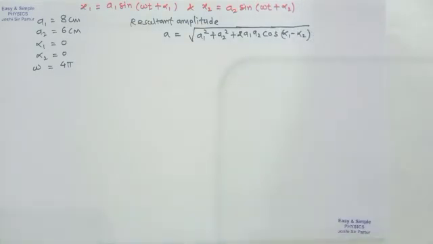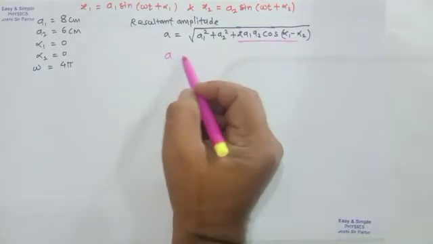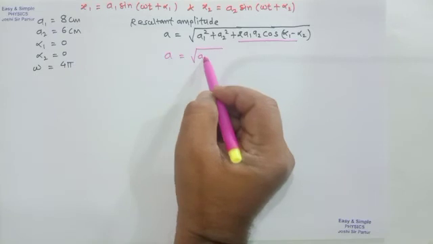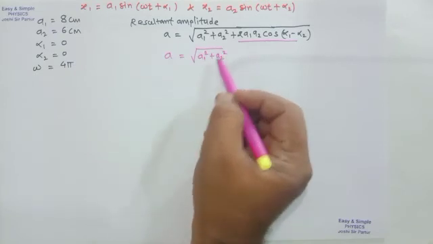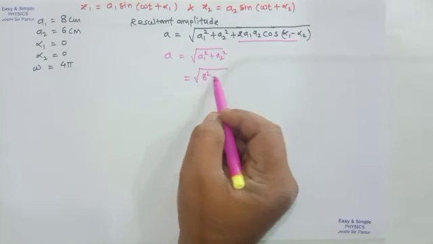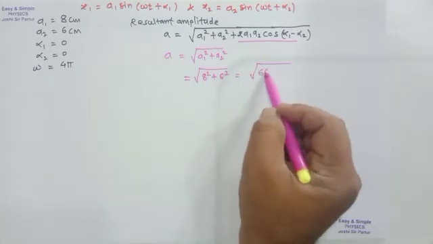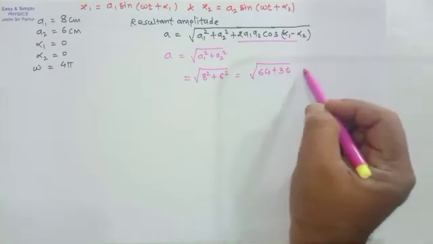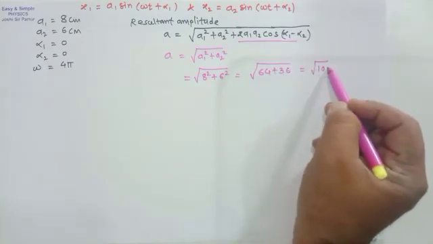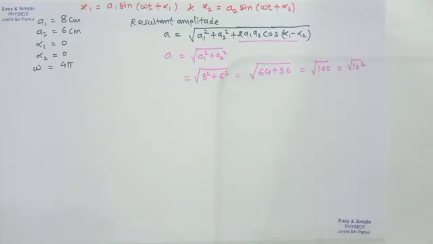Here alpha 1 is 0, alpha 2 is 0, so this value will be 0. So A is equal to the square root of a1 square plus a2 square. By substituting the values, the square root of 8 square plus 6 square is equal to the square root of 64 plus 36, which is equal to the square root of 100, which is equal to the square root of 10 to the power 2.